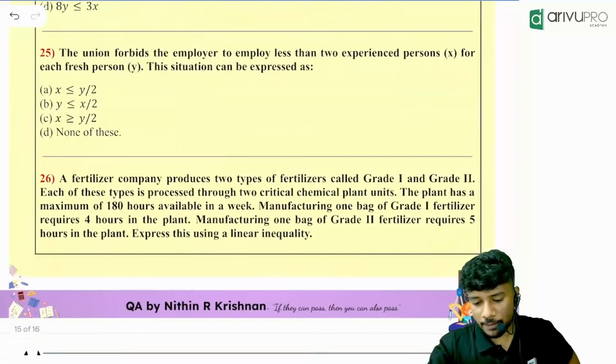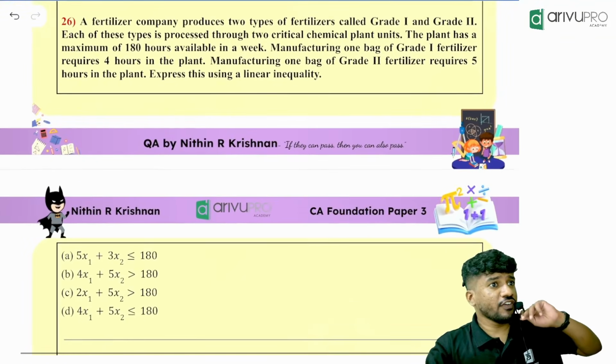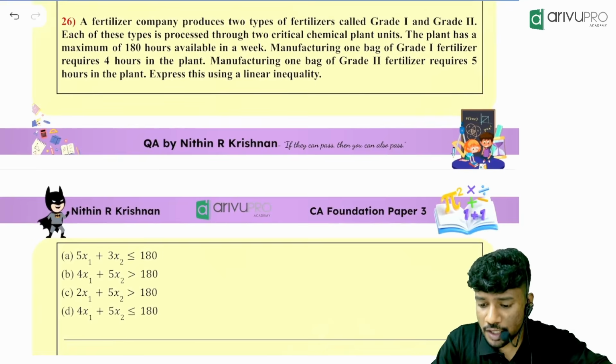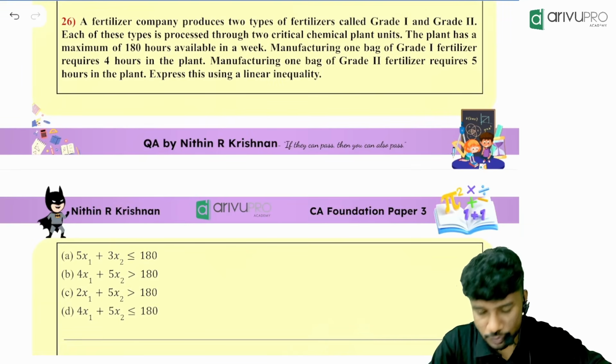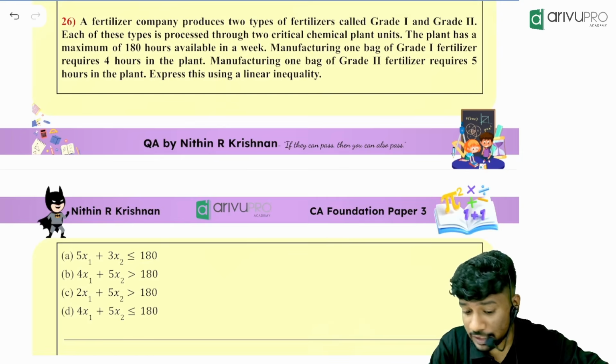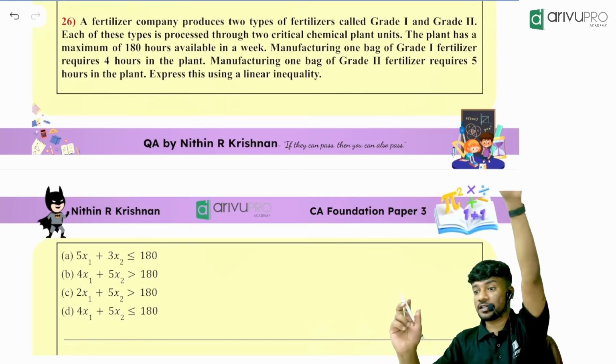Next one. Can anyone solve this for me? A fertilizer company produces two types of fertilizers called as grade 1 and grade 2. Okay, two fertilizers are there. Each type processed through two critical chemical plants unit. The plant has a maximum of 180.